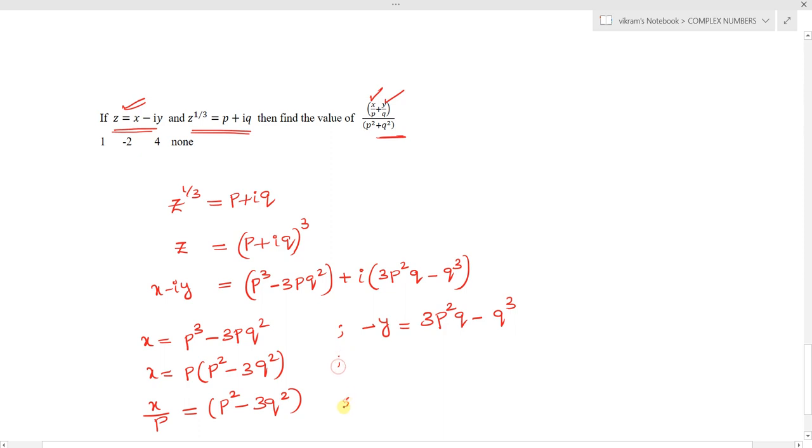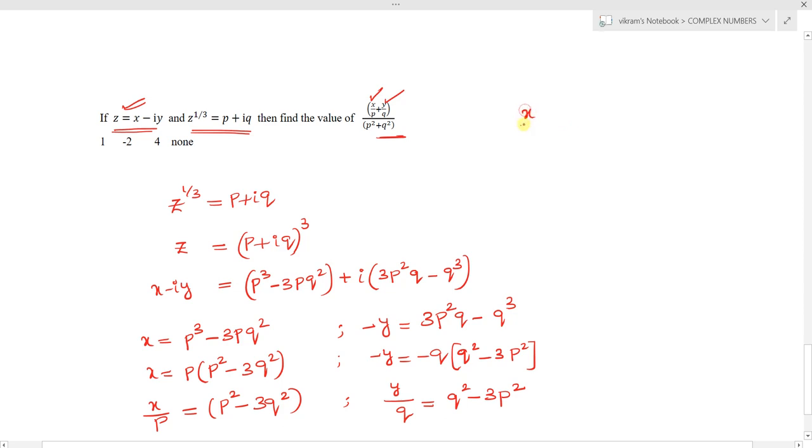Now coming to minus y, take minus q as common, then we obtain q square minus 3p square. From this, y by q equals q square minus 3p square. Now we have x by p and y by q.